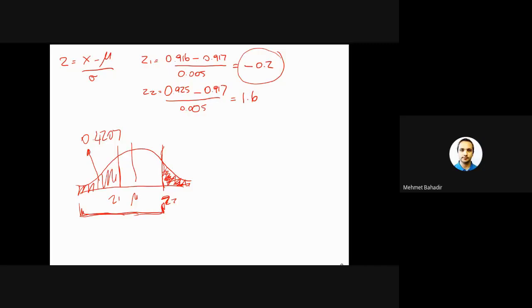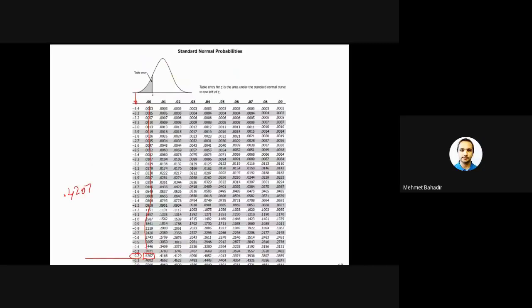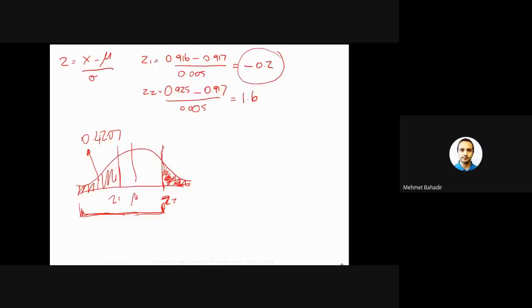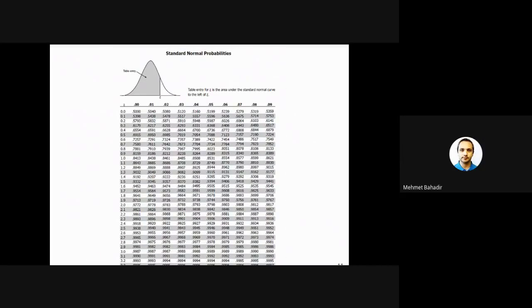All right. So let's go to the positive numbers, because our second Z value is 1.6. The second page of the Z tables is here, 1.6 on the first column. And here again, I'm going to use the 0.00 decimals, and that area is 0.9452. As you see, it is the area on the left side again.